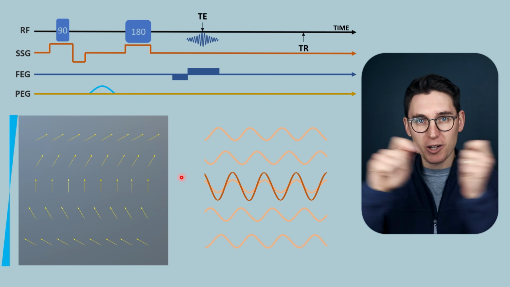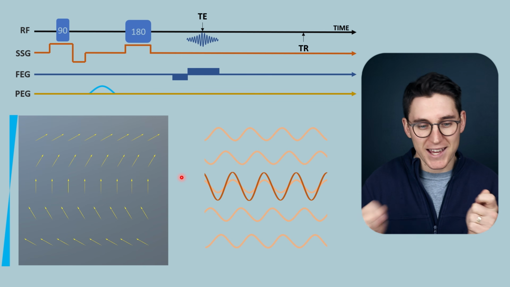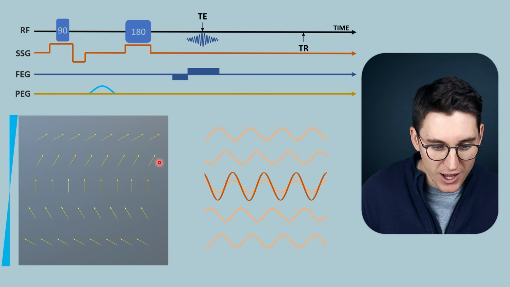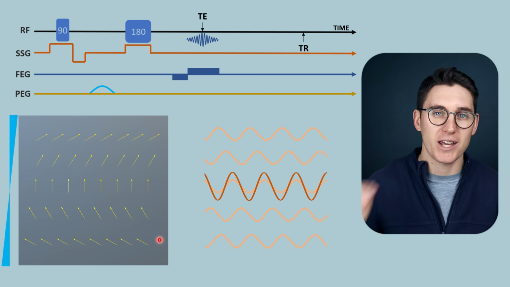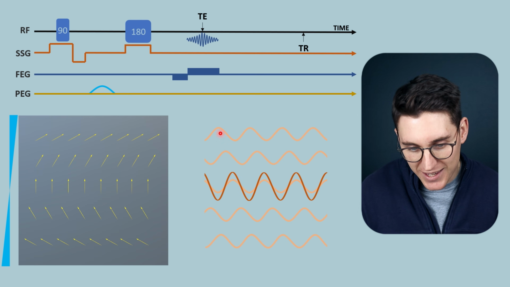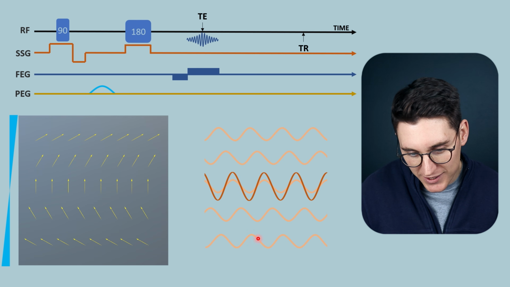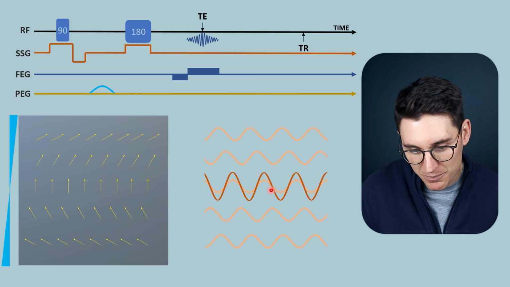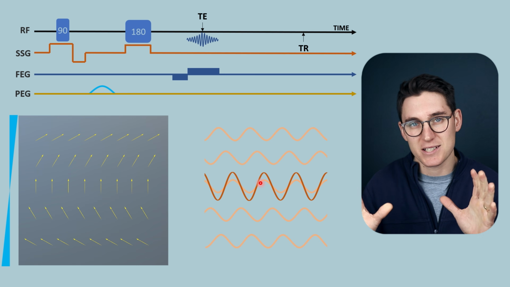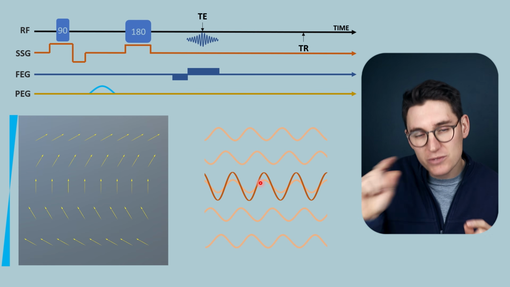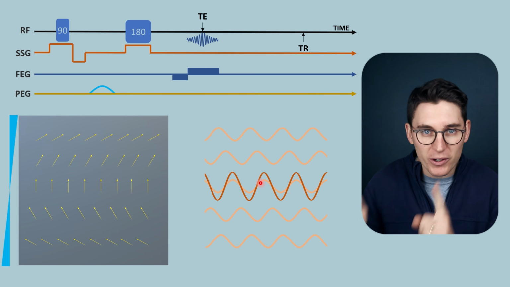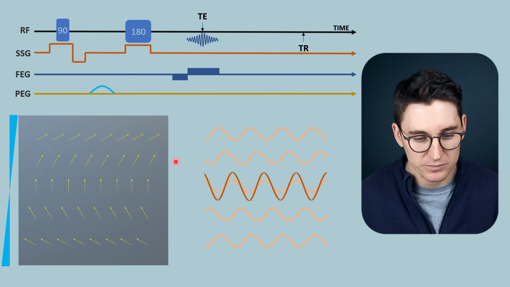They are no longer precessing in phase with one another. There has been some phase shift occurring depending on where they're located along the y-axis. That phase shift has caused these individual signals to become out of phase, and we've lost some net magnetization vector from the entire slice. Remember, transverse magnetization is a function of how in phase the spins are with one another.